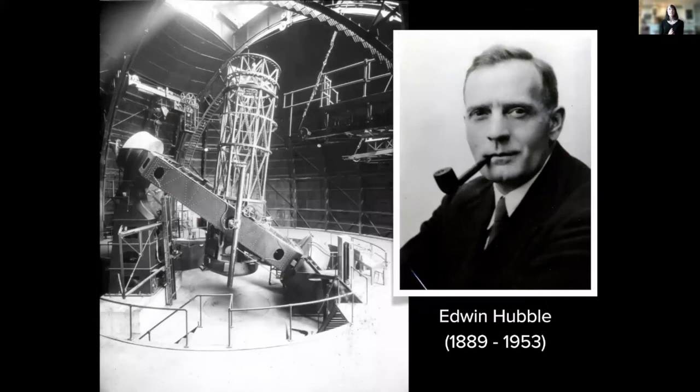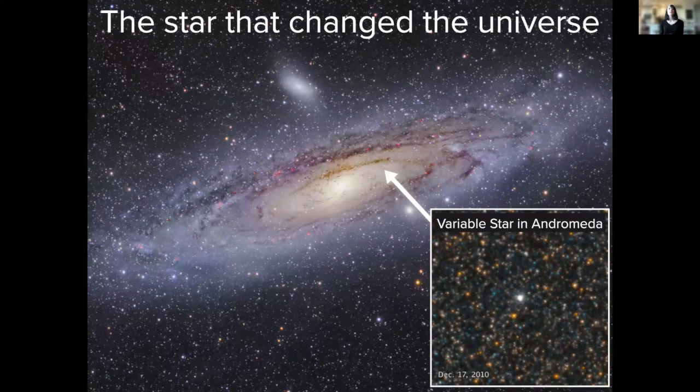So, the next piece in this story brings us to Edwin Hubble, one of the most famous astronomers in the early 20th century. And Hubble did many things, but among them was observations of a Cepheid variable star in the Andromeda galaxy. This was one of those spiral nebulae, one of the largest and brightest ones.